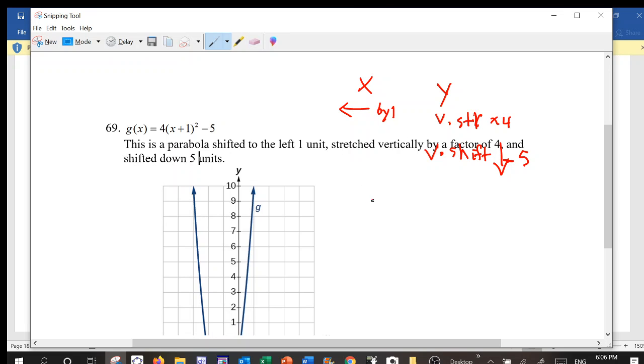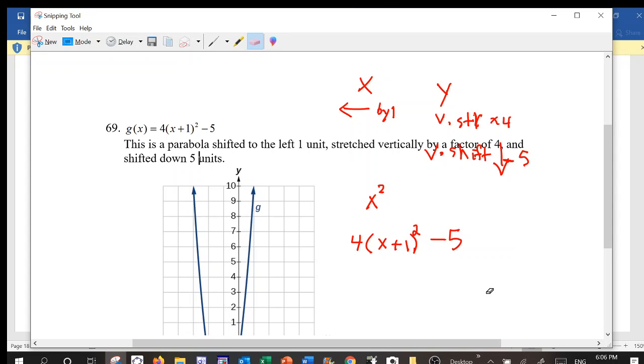So you take x squared. You can do this to it. Move to the left by 1. That means you add 1, right? And then do this. Vertical stretch by a factor of 4. Multiply by 4. And then shift down 5. It does matter which one you do first.